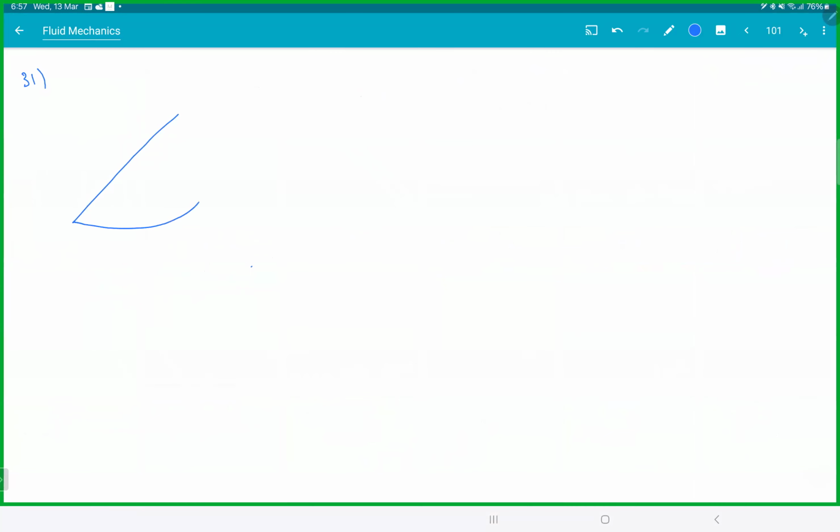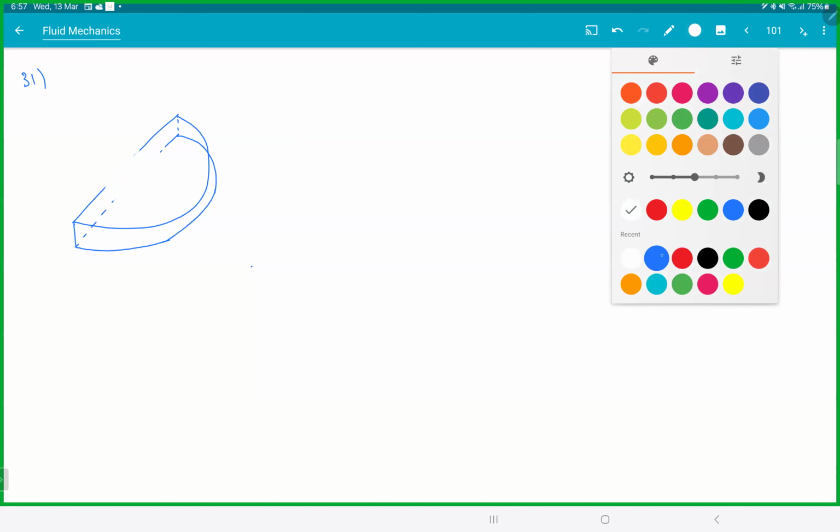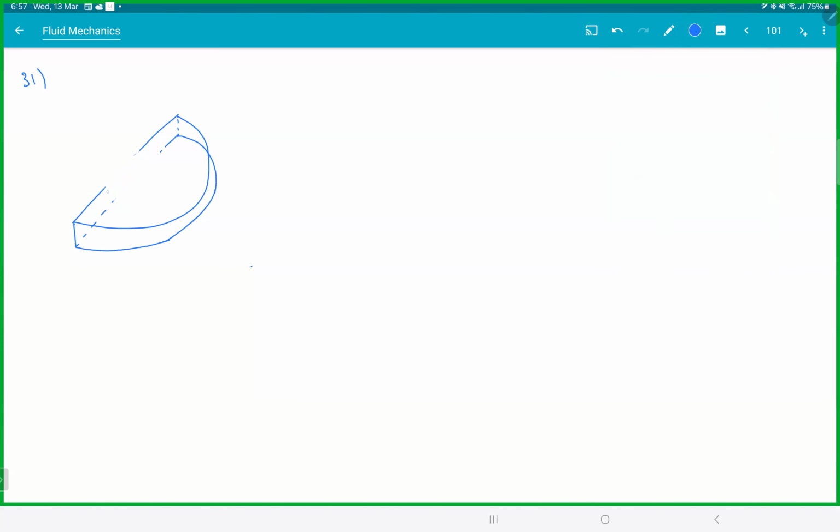So we have a semicircle. We have one more semicircular plate like this. Each has a gap like this. Better, able to visualize. So it's like an opening.